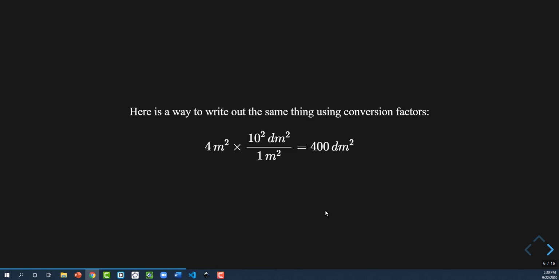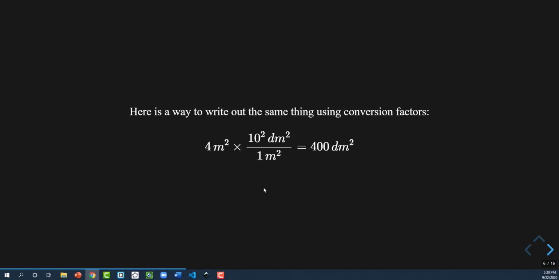This is just a way of writing it. If you didn't want to try to visualize it, you'd say, okay, write down what you want to convert, 4 square meters. Multiply by a conversion factor. Well, the only one you know by looking at that table is between decimeters and meters. That's a 10-to-1 ratio. And then simply make a square out of this, at least mentally. Try to see the square meter in your mind, 1 meter by 1 meter, and ask yourself, what would that be in decimeters?